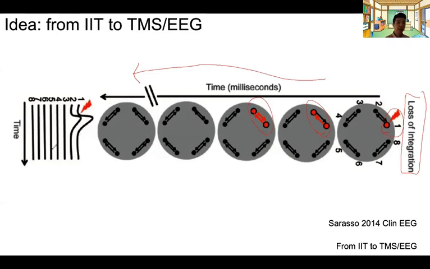As a result, if you measure the EEG activity from each of these eight units, 1 or 2 can be activated initially by the TMS stimulation, but 3, 4, 5, 6, 7, 8 remain silent. That's one prediction of this TMS-EEG experiment applied to a disconnected system.